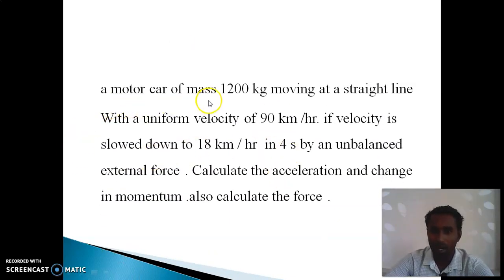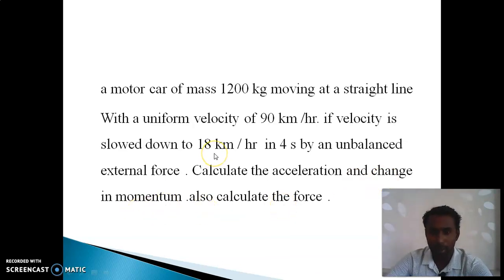A motor car of mass 1200 kg, that means kilogram, moving in a straight line with a uniform velocity of 90 km per hour. If velocity is slowed down to 80 km per hour in 4 seconds by an unbalanced external force, calculate the acceleration and change in momentum, also calculate the force.